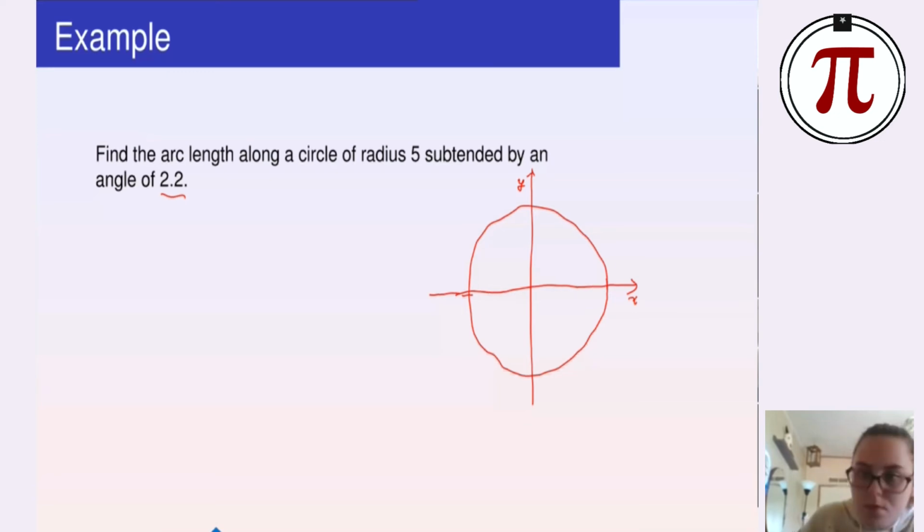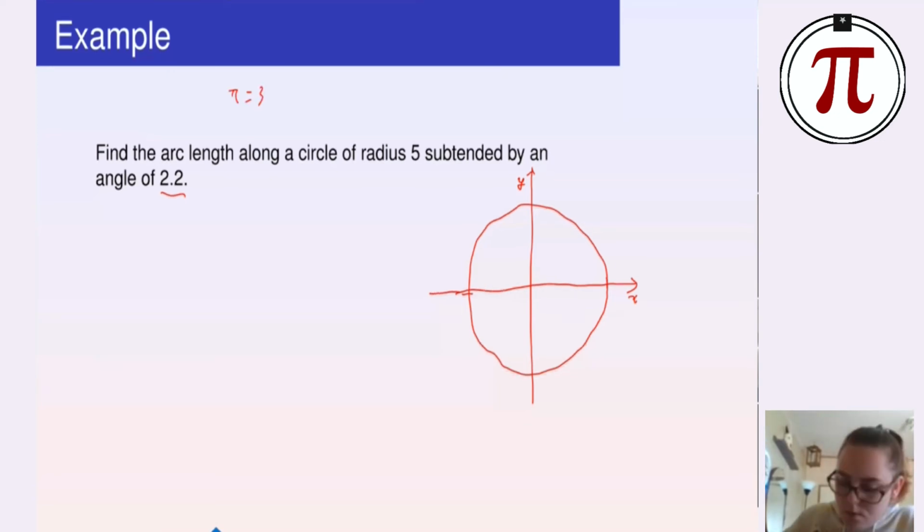Pi equals 3.14, something like this. Pi is less than 3.2, right? Now pi over 2 is the right angle. So that's approximately what?